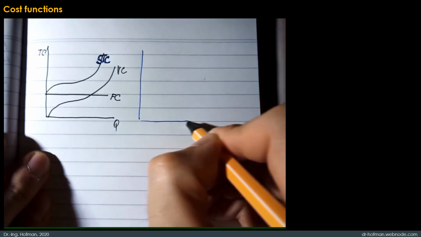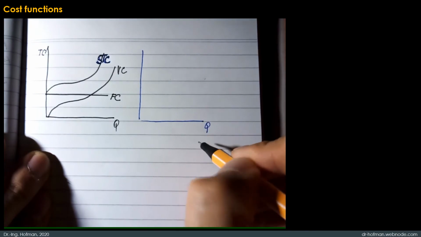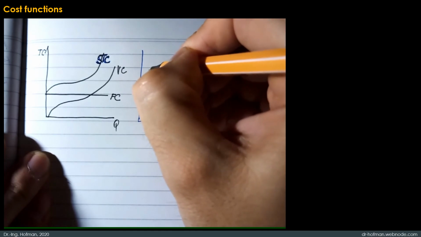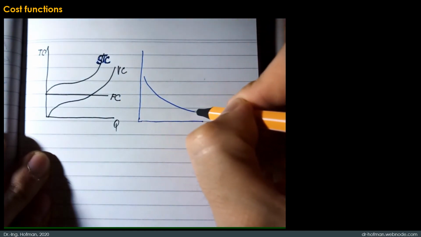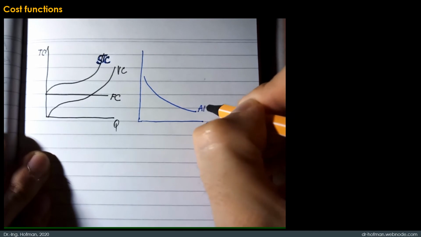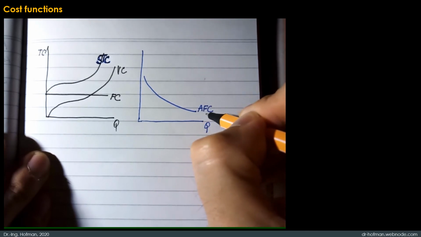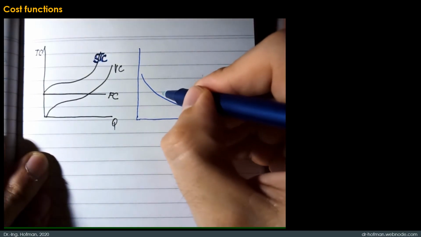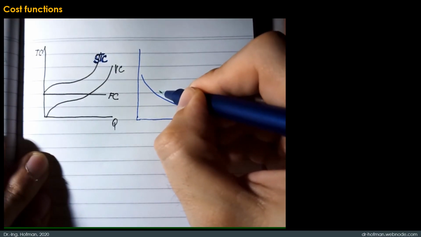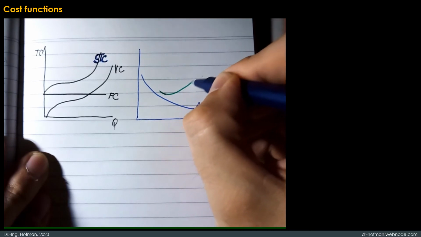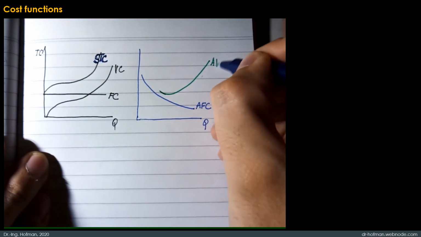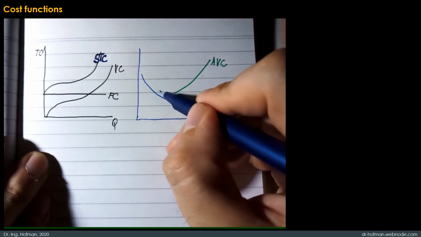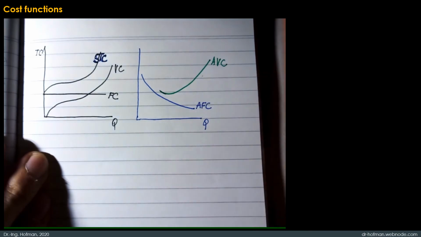Let's add the average costs, which are diminishing with the growing level of production. So these are average fixed costs. Average variable costs, at first they are diminishing and then growing.